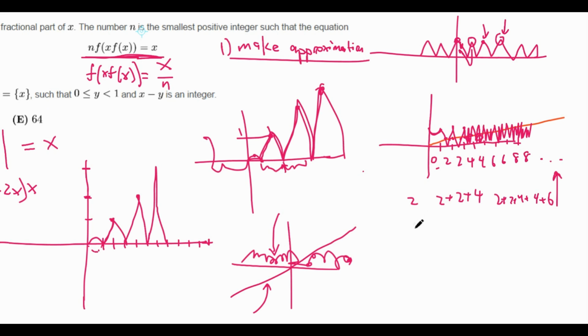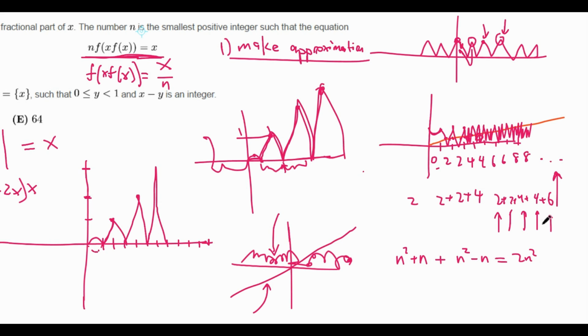So if we look for a pattern here, we see that 2, 4, 6 is the sum of the first n even numbers, and 2 and 4 is the sum of the first n minus 1 even numbers. Recall that the formula for the sum of the first n even numbers is n squared plus n. So the sum of the first n minus 1 even numbers is n squared minus n. So the total number is 2n squared.